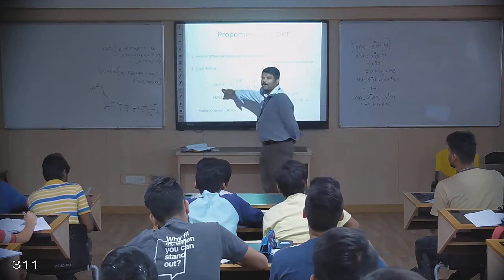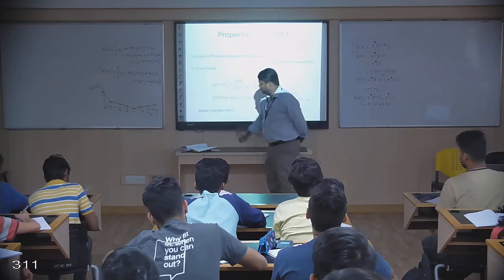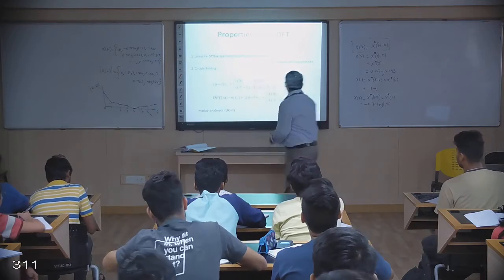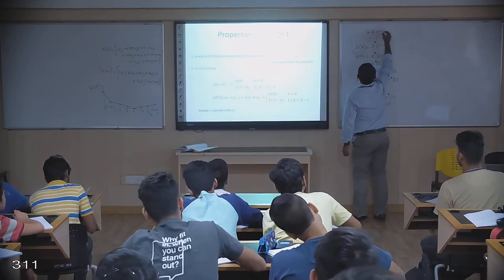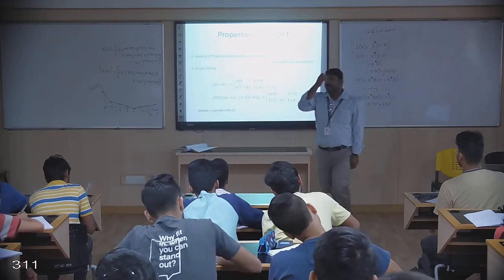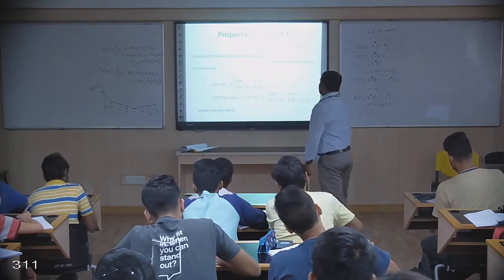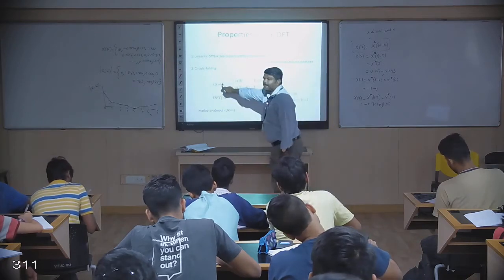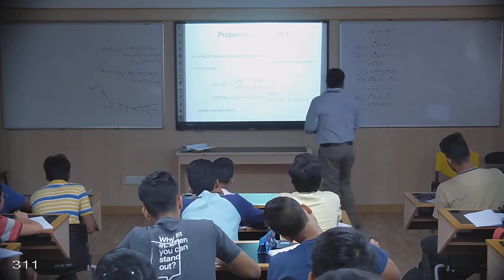It is the mod operation. x of minus n mod N, that is the notation we normally use for circular shift, circular rotation. Now the x of n, if you are rotating by m.